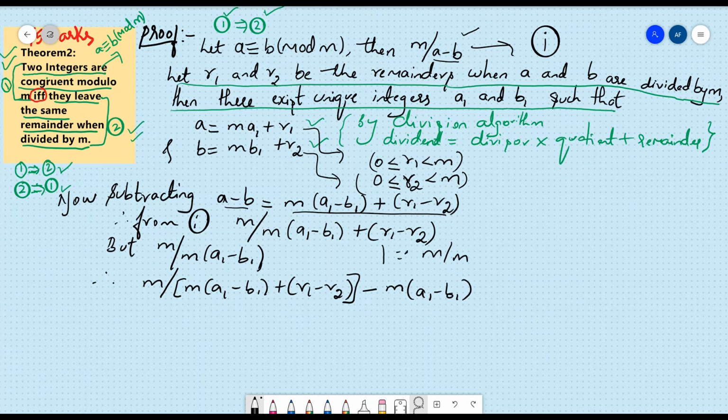Therefore M divides this thing minus M of A1 minus B1, and these get cancelled.